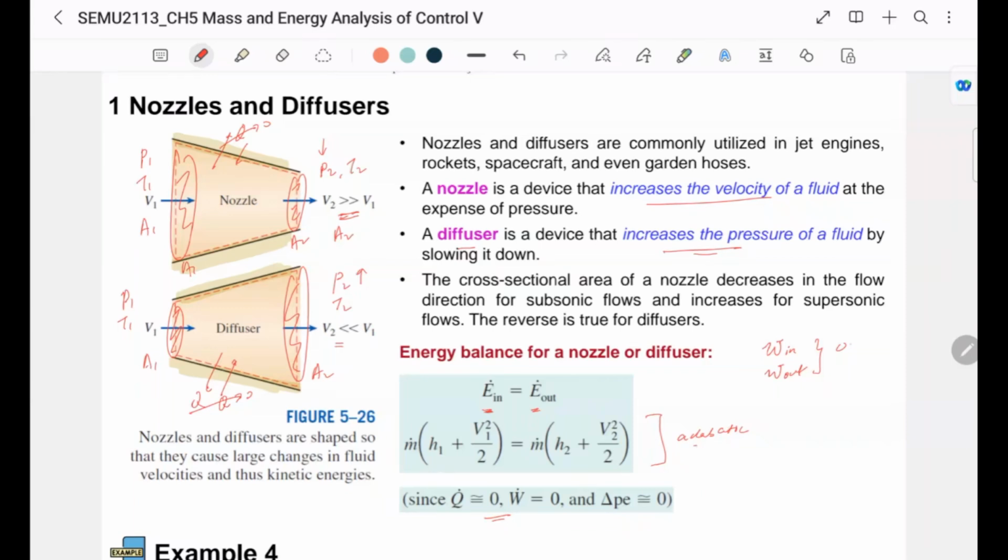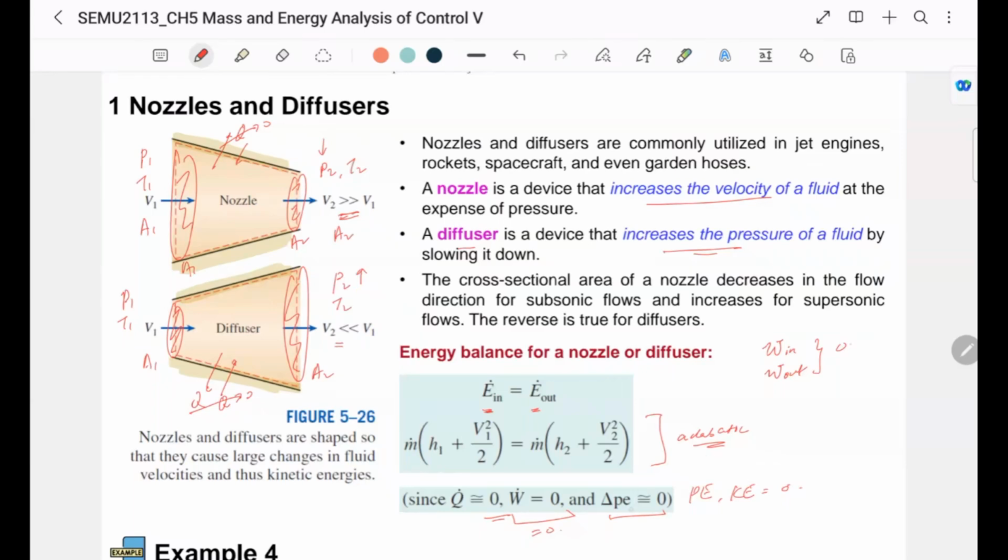One thing for sure, no matter whether it's adiabatic or not, work transfer is always equal to zero. So this is one thing that you should know about nozzle and diffuser. It changes the property, but it doesn't involve any work at all. Potential energy, most of the time elevation doesn't change. The nozzle is not moving as well, so potential energy and kinetic energy of the system are always zero.